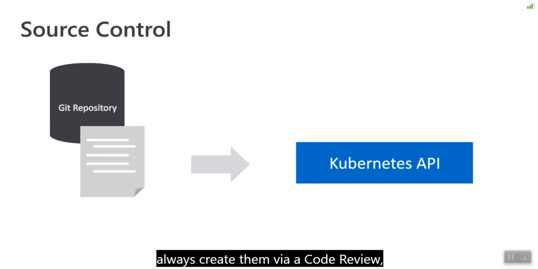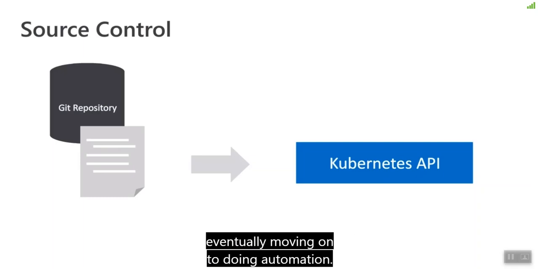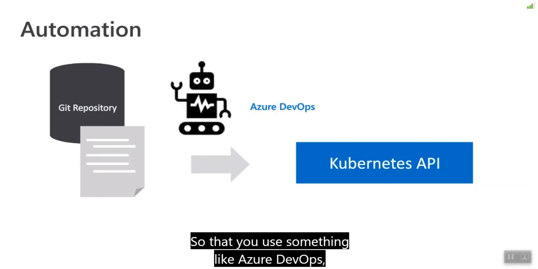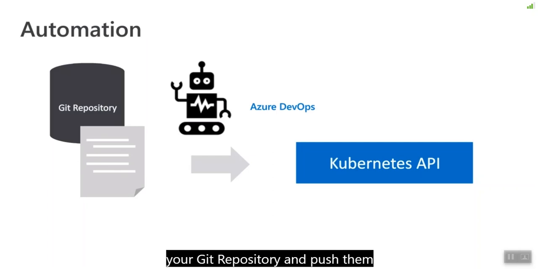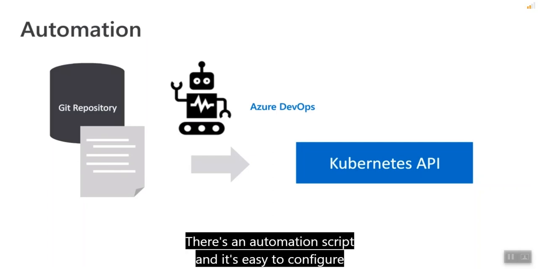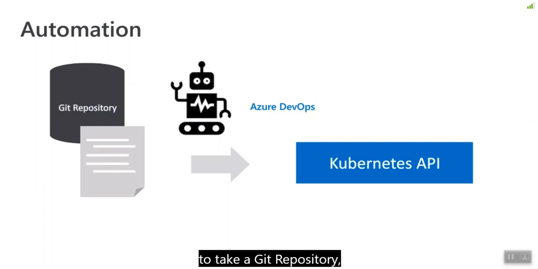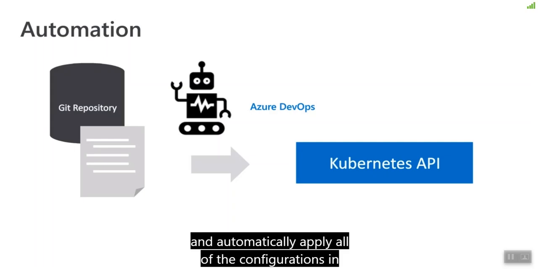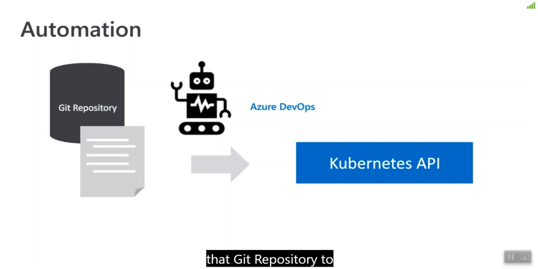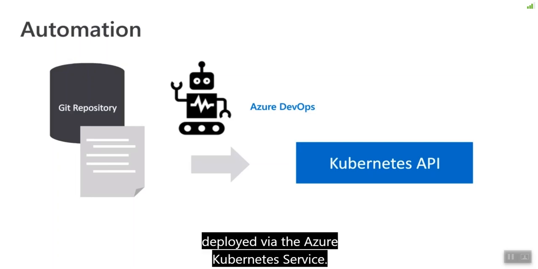Always create them via code review, via Git push, merging to master, and then eventually moving on to doing automation so that you use something like Azure DevOps, so that you don't even take the contents of your Git repository and push them into the Kubernetes API yourself. There's an automation script, and it's easy to configure Azure DevOps to do this with the Azure Kubernetes Service, to take a Git repository and automatically apply all of the configurations in that Git repository to the Kubernetes cluster that you've deployed via the Azure Kubernetes Service.